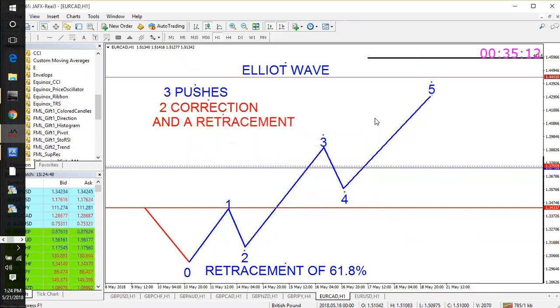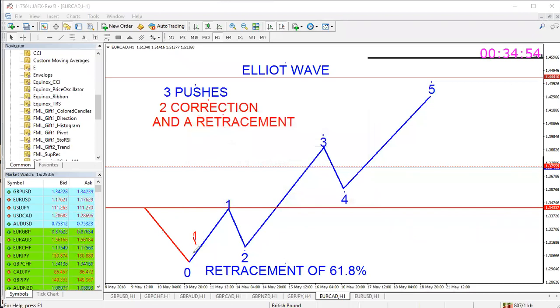I said earlier, this line that I put here is a new support. Because first, the market moved from 0 to 1, forming the first push, P for push. When it moves, you have to retrace, because markets don't run in a straight way, they move in waves.